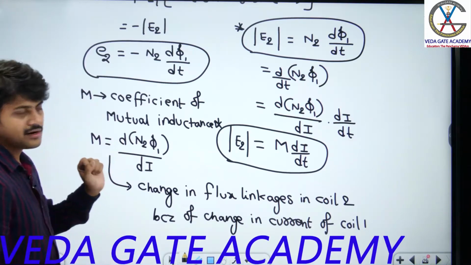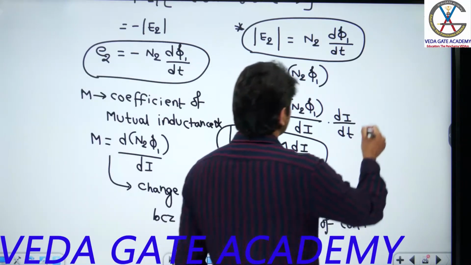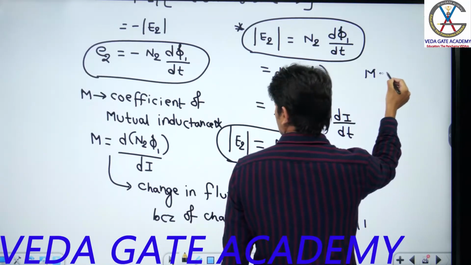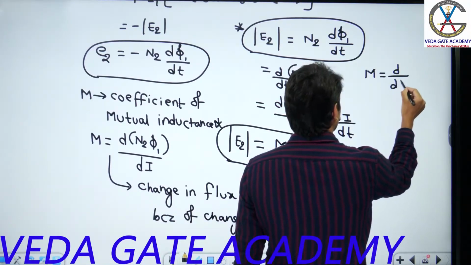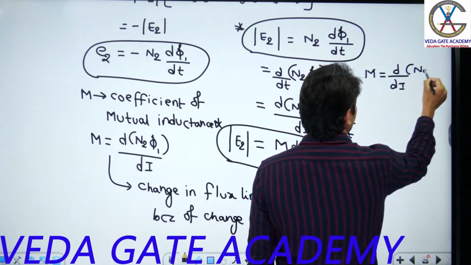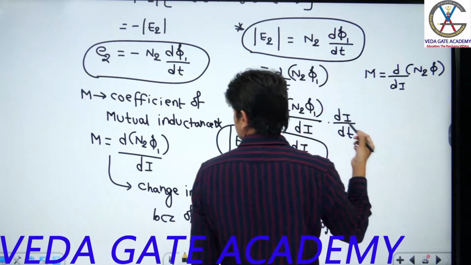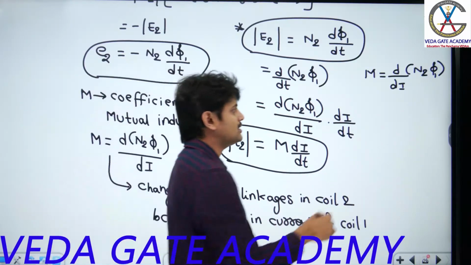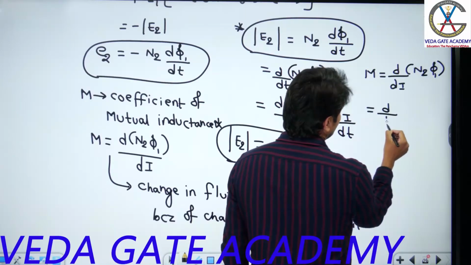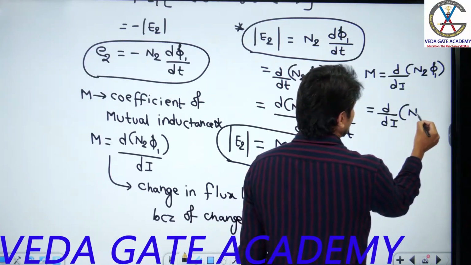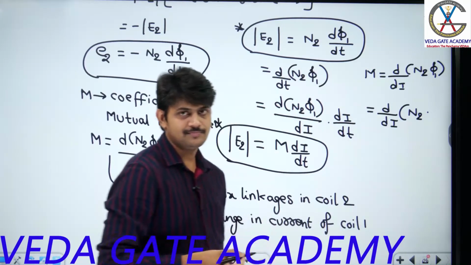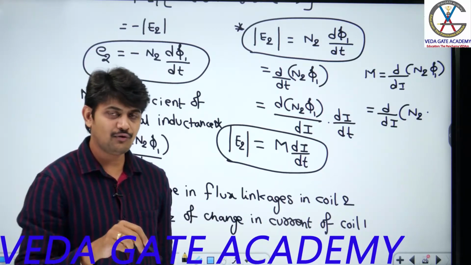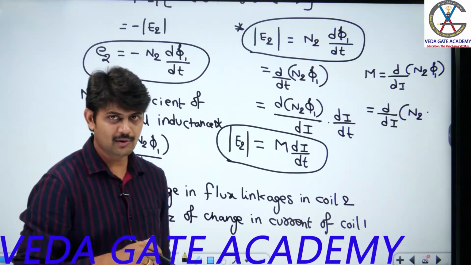So from here I can try to get some standard formulas for M. M is equal to d by di of N2 into phi1. What is the formula for phi1? We know that the formula for flux is mmf divided by reluctance. What is the formula for mmf? N into I, number of turns into current.